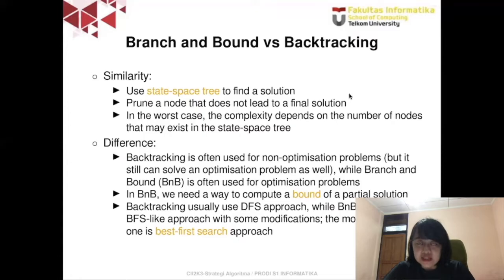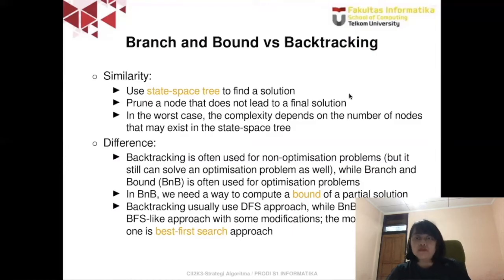In the worst case, the complexity depends on the number of nodes that may exist in the state space tree. But backtracking is often used for non-optimization problems, although it can still solve an optimization problem as well, while branch and bound is often used for optimization problems.